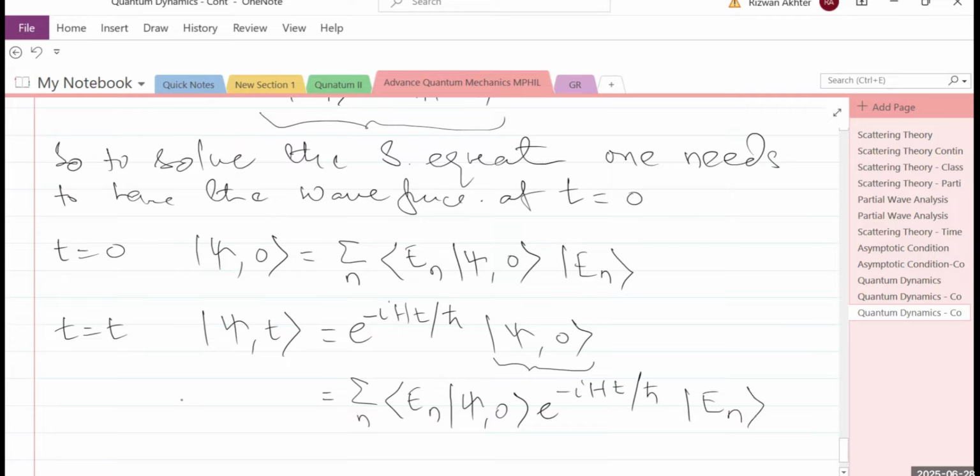So this is basically the wave function at some later time.